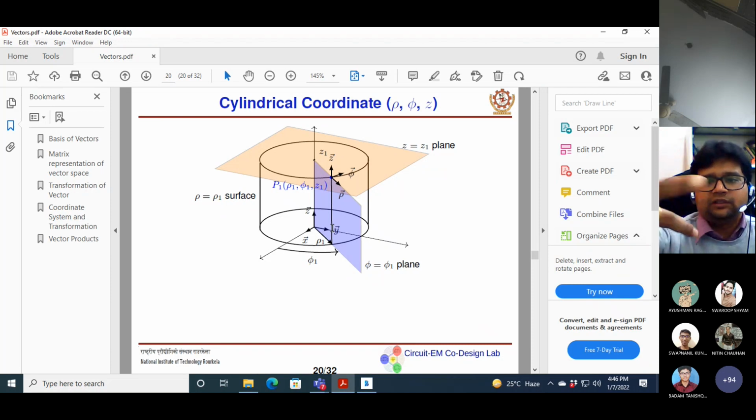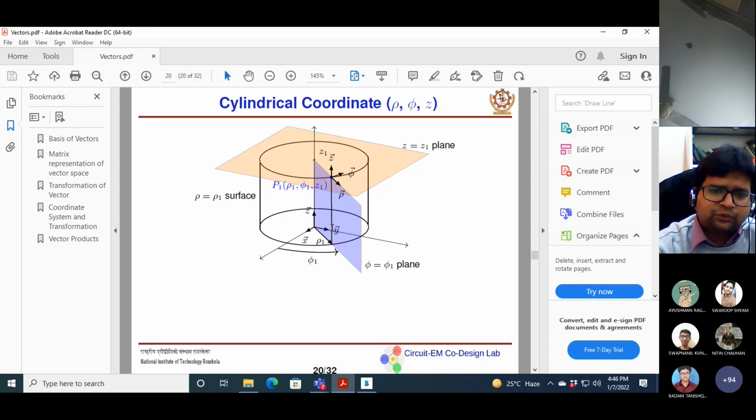So you can see, let's say this is my x, this is my y, and this is my z. So if I rotate it by the phi amount, then I can get the vector in the new system. Okay.